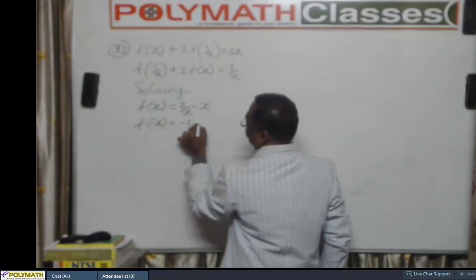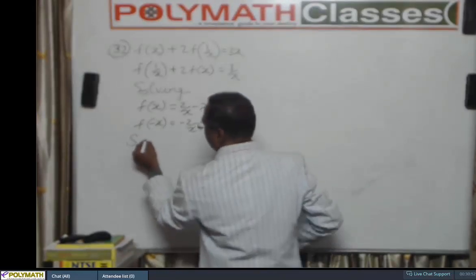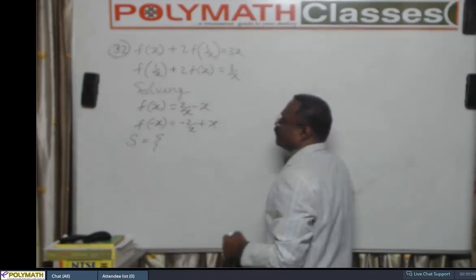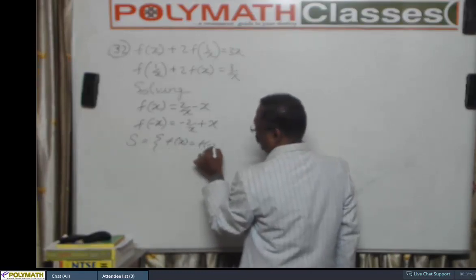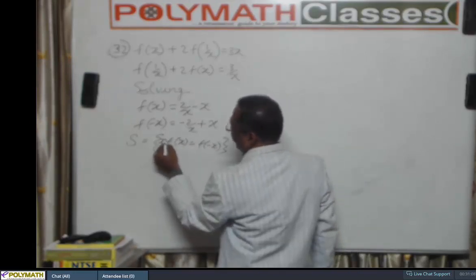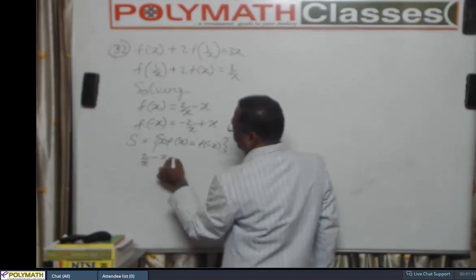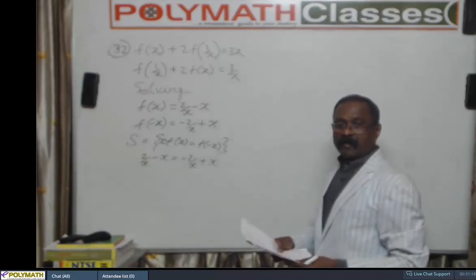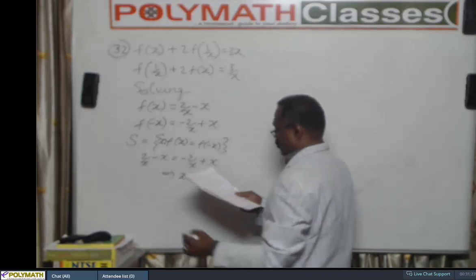Now, S is given to be x such that f of x equal to f of minus x. So you have to find such x here where f of x equal to f of minus x. So 2 by x minus x is equal to minus 2 by x plus x. Now solving this, you'll be getting x is equal to plus or minus root 2.